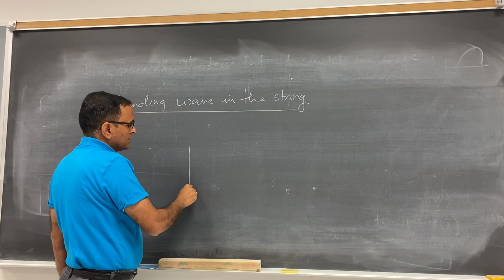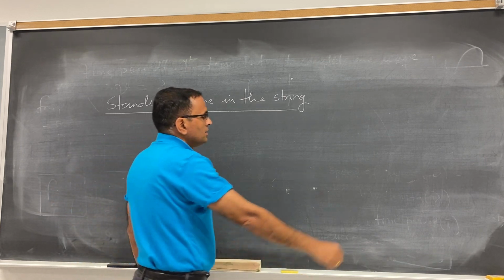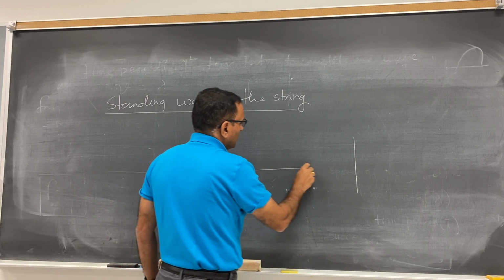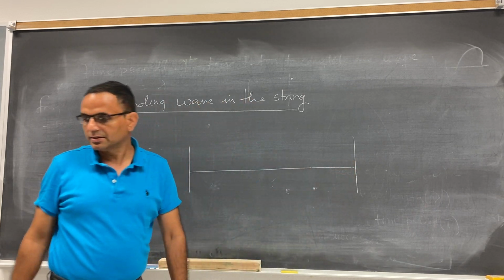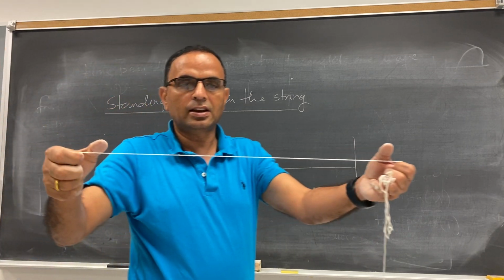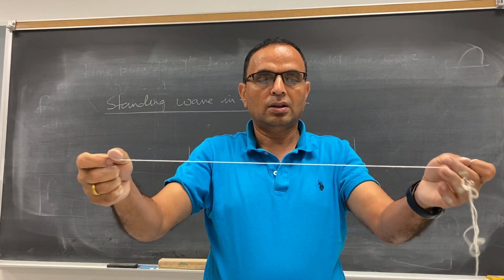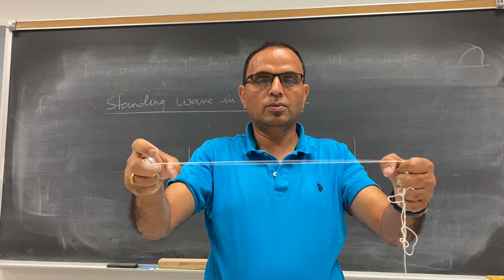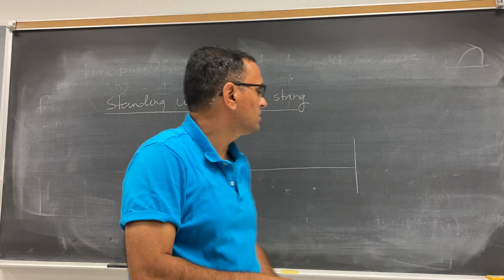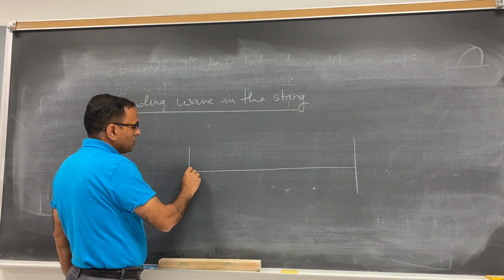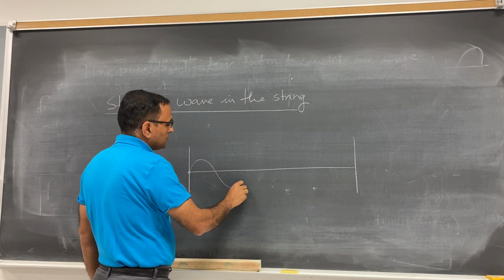Let us suppose this is a wall, there is another wall, and there is a string like this. I can produce the standing wave. Just look here. I can call this the standing wave. What happens? If you generate one wave from here, it goes like this.